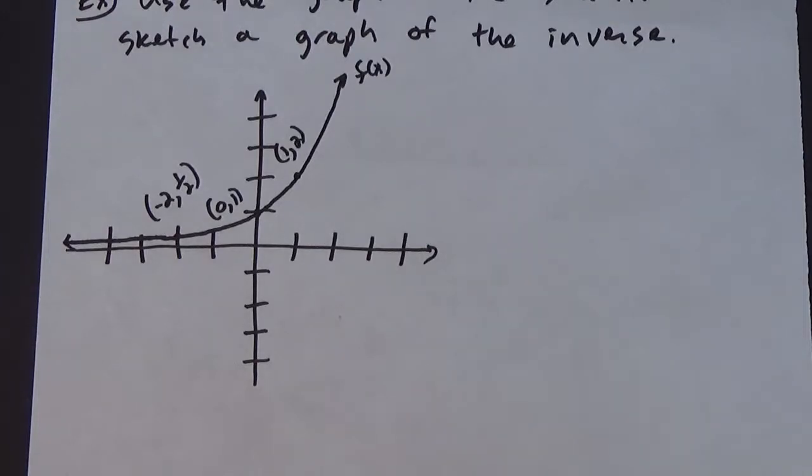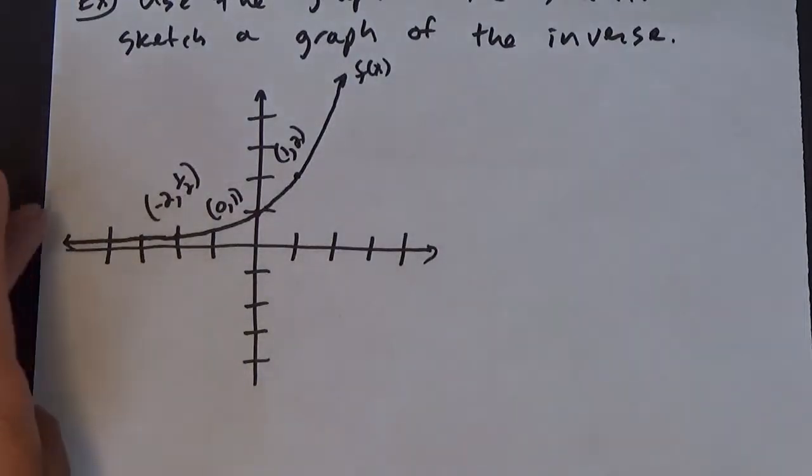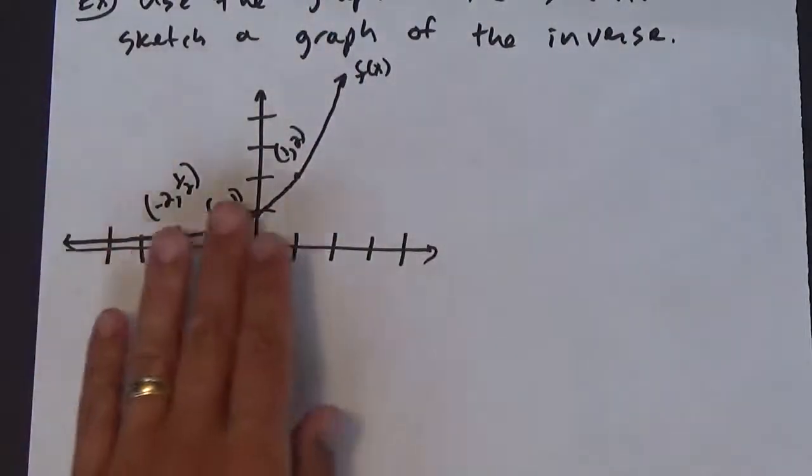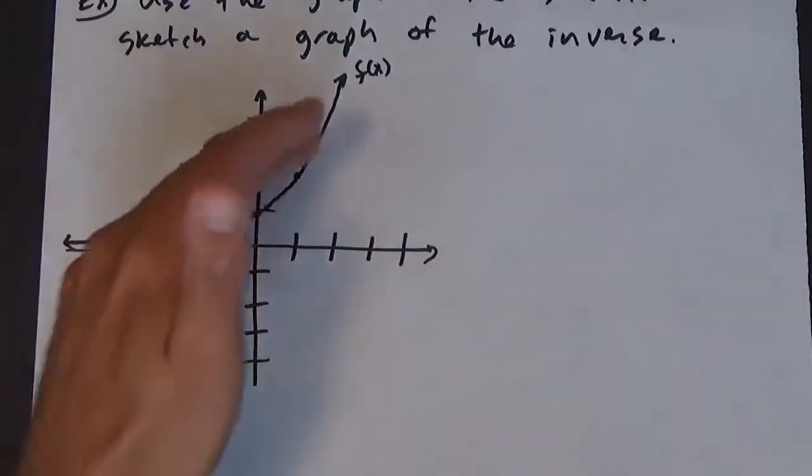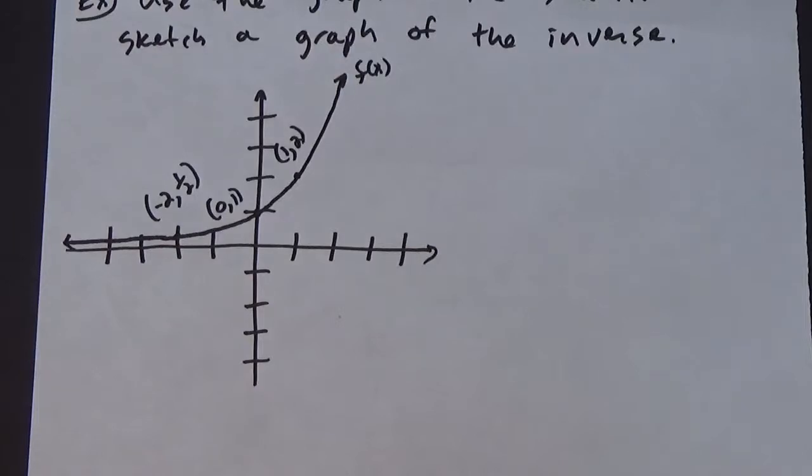You're only going to have data. Even if you have an infinite amount of data points, and you can graph it on a computer or calculator, you're still not going to have an equation. But if you need to find the inverse, what do you do?